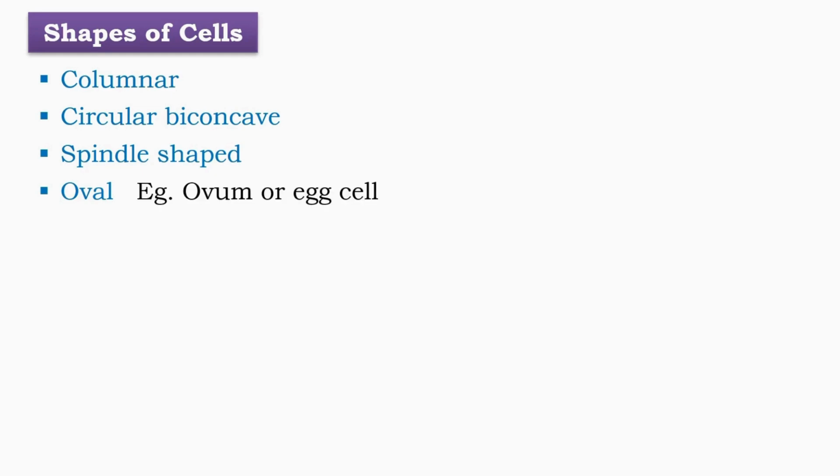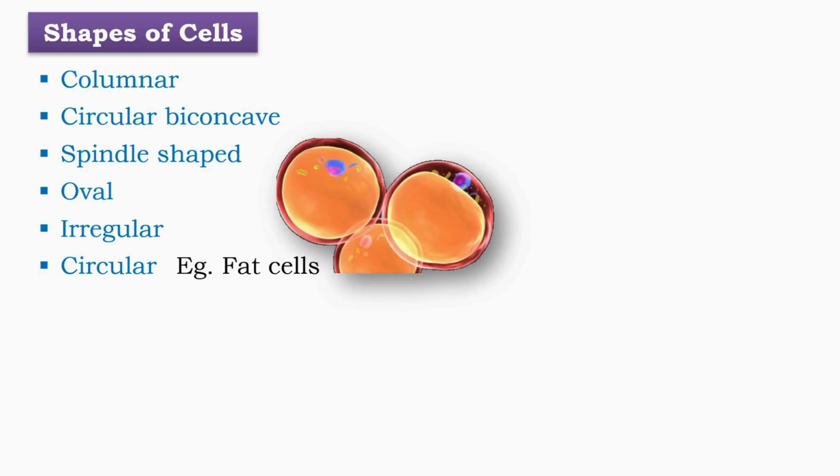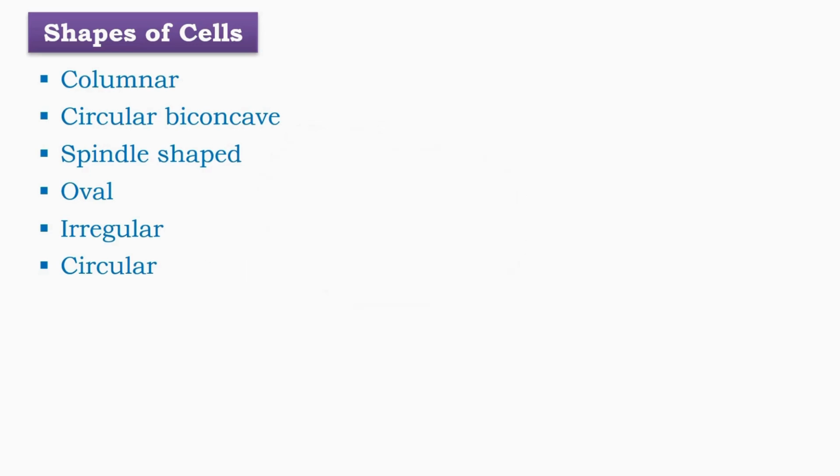Oval. Example, ovum or egg cell. Irregular. Example, amoeba. Circular. Example, fat cells. Branched. Example, nerve cell. Spiral.